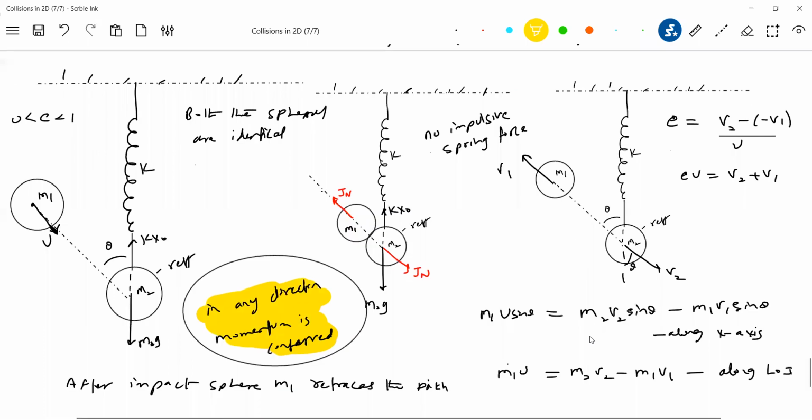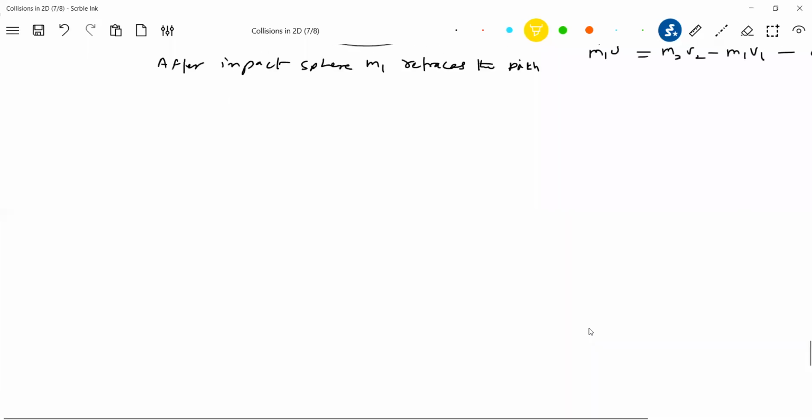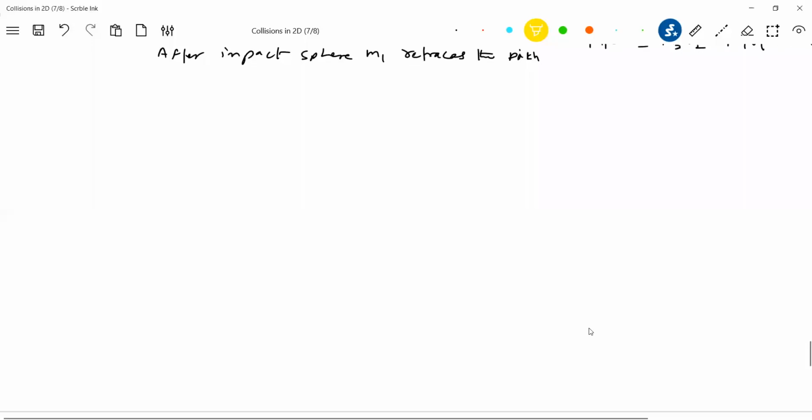Okay, let me take the next situation here. Let me take the colliding spheres.